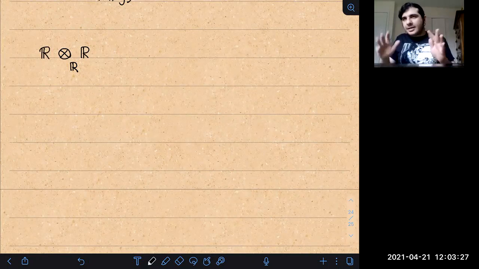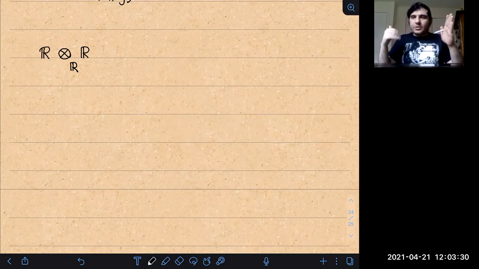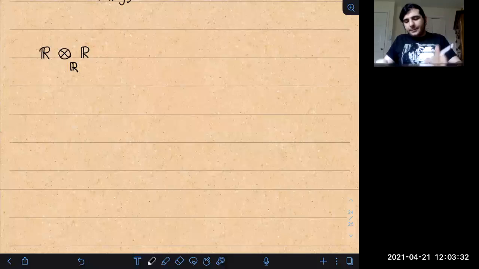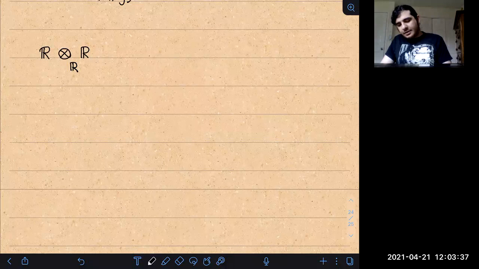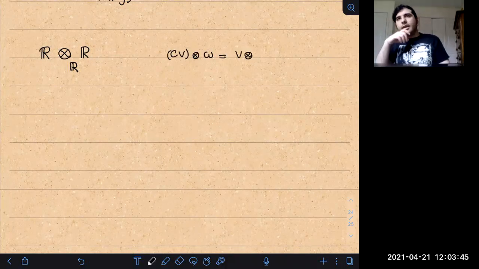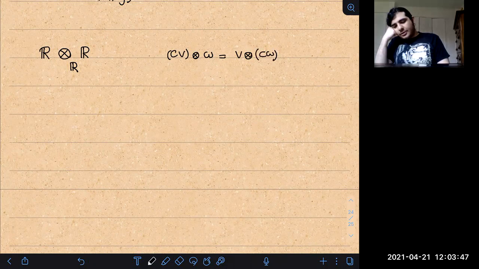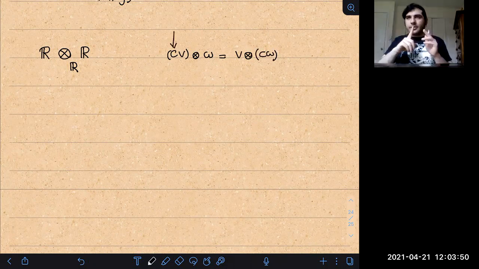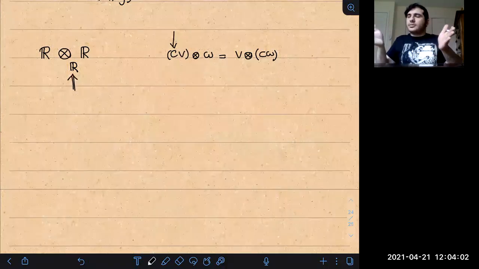So R tensor R, we should use the definition we saw above, right? In one of the rules, we had that CV tensor W is equal to V tensor CW, right? So this C is allowed to go from one side of the tensor product to the other side. This notation R here tells us what numbers are allowed to go from one side to the other.